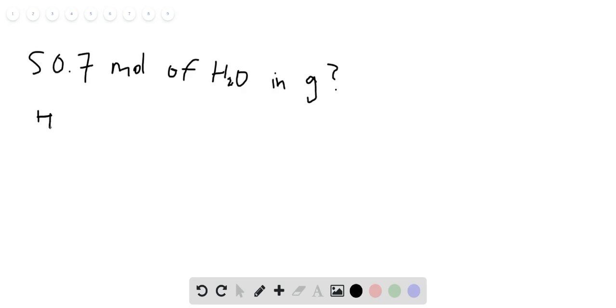Well, H2O is the sum of two H atoms plus one oxygen atom. And so if we look for the atomic mass of all of those atoms and sum it up, we will have the molecular weight of one molecule of H2O.